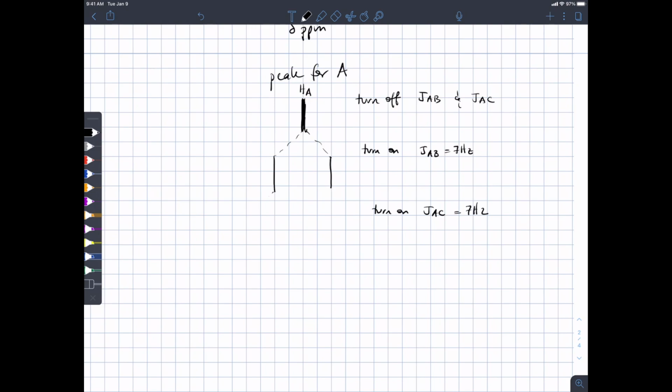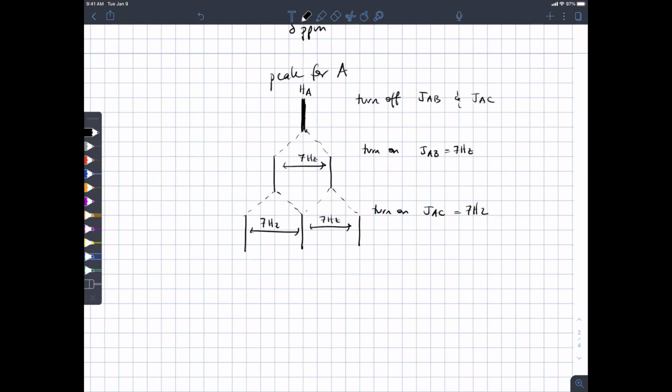And that's going to split the peak on the left by the 7 hertz distance. And it's also going to split the peak on the right into 2 equal peaks that are 7 hertz apart.